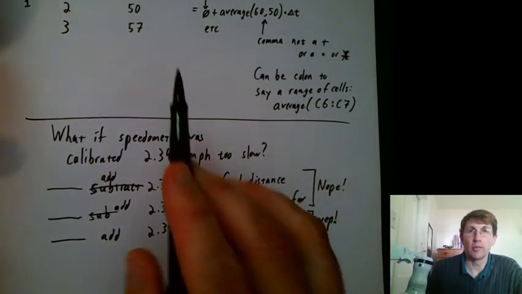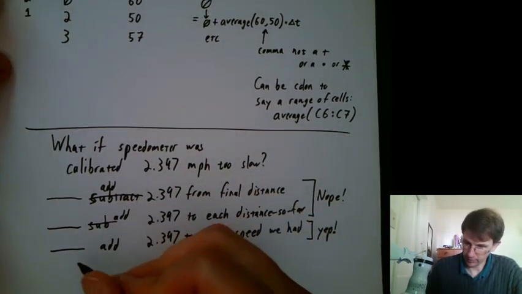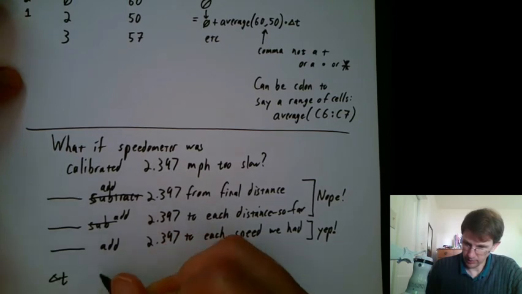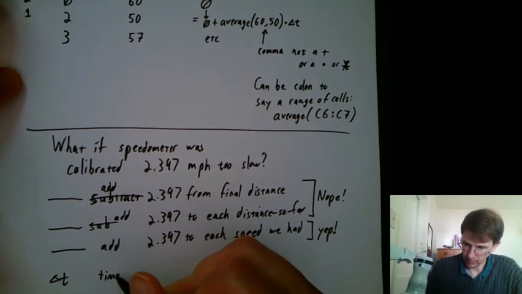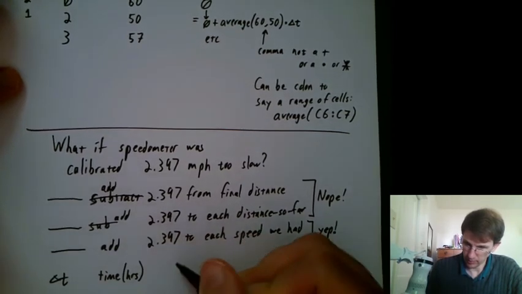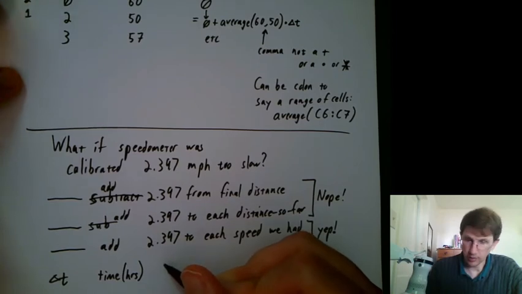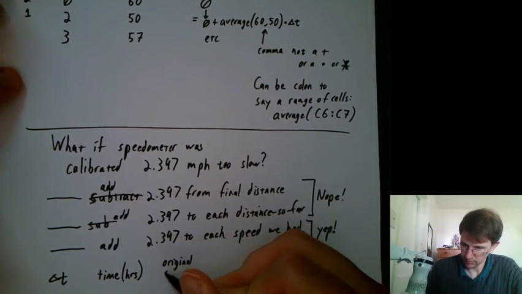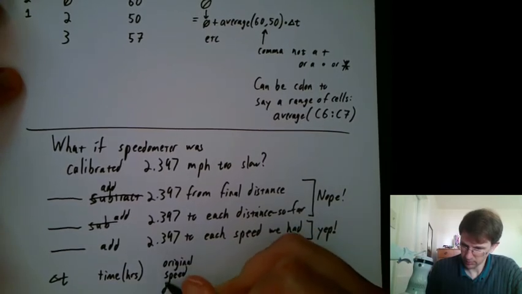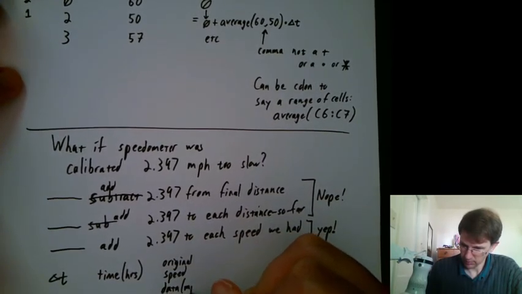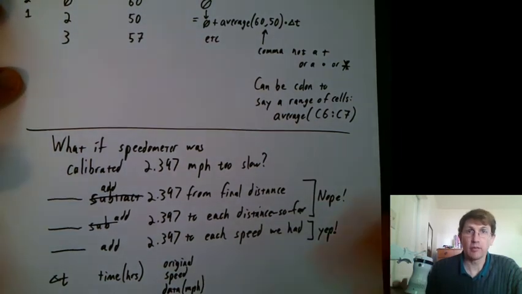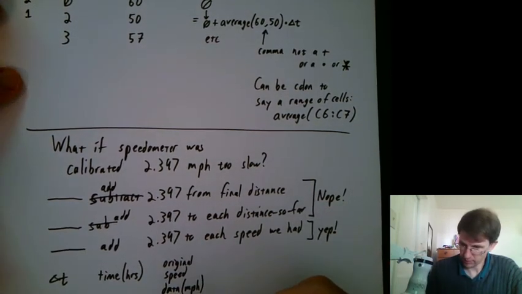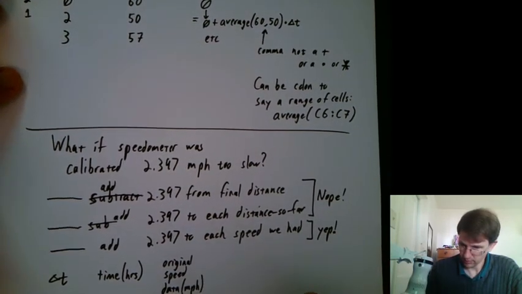So what I would do is have delta t, time in hours, original speed data in miles per hour, and that would have the 60, 50, and 57.